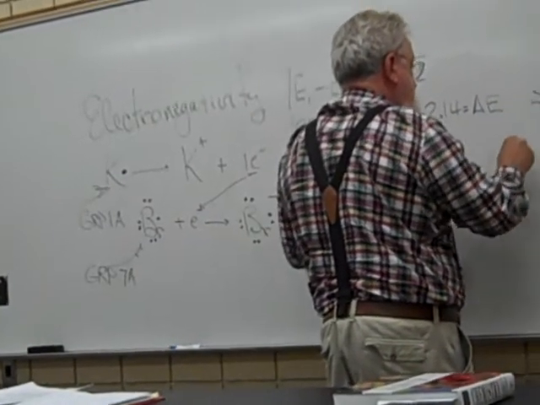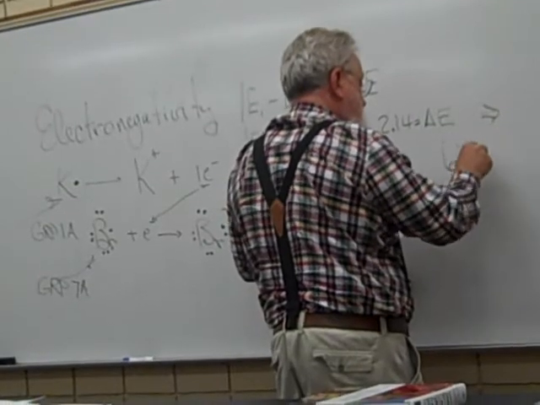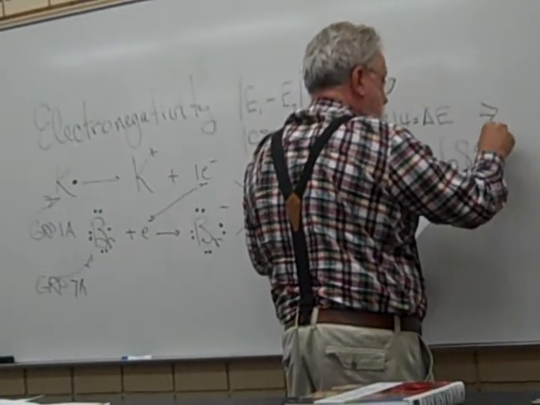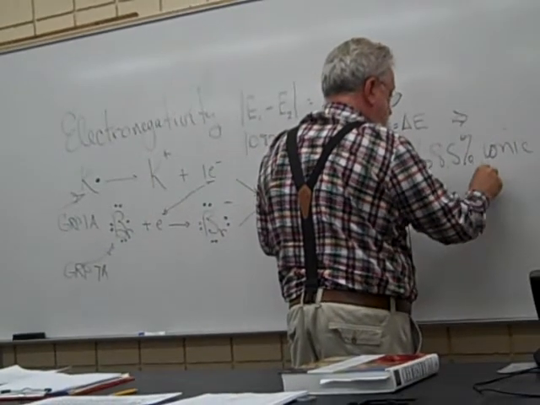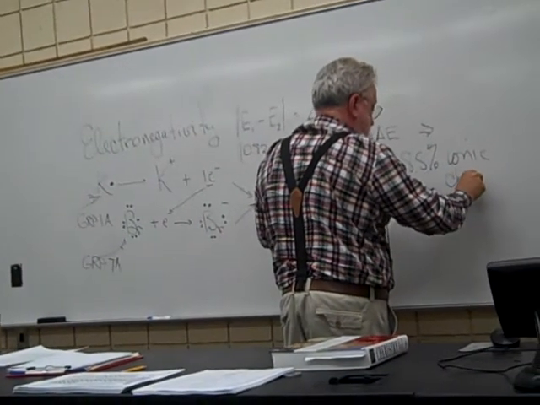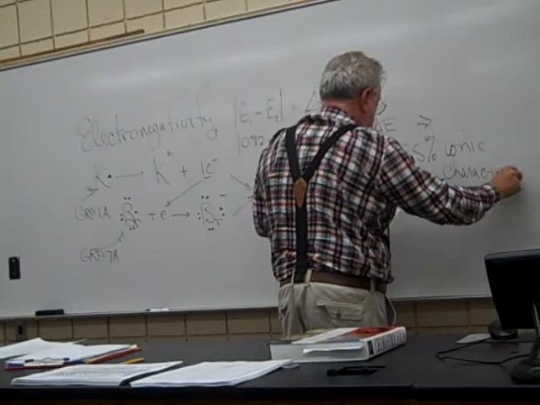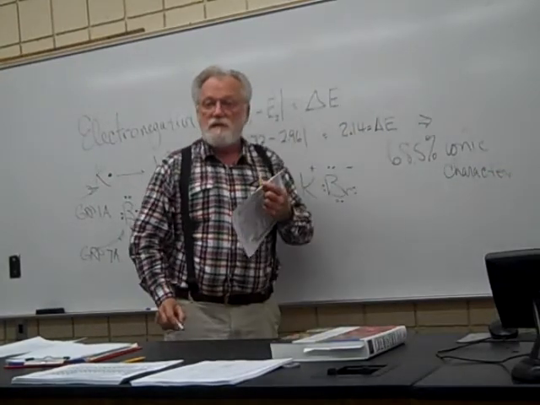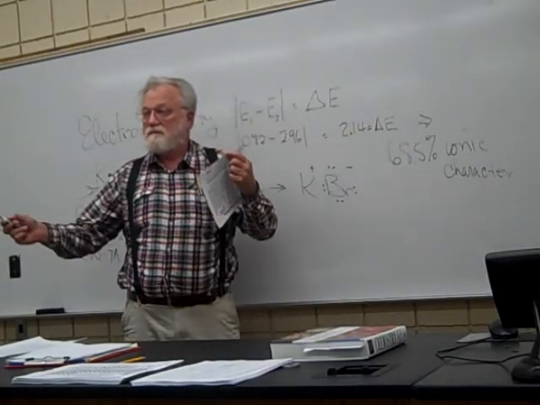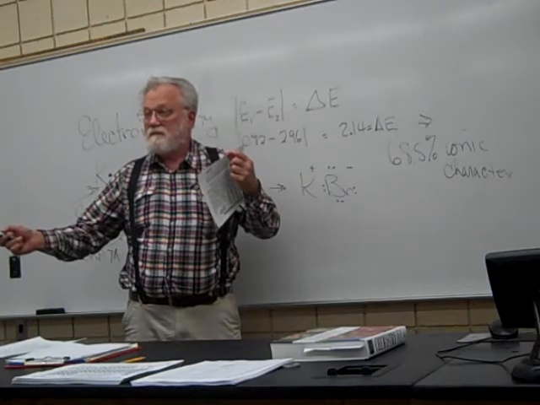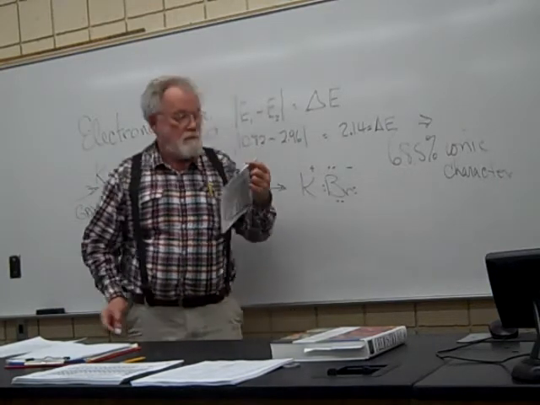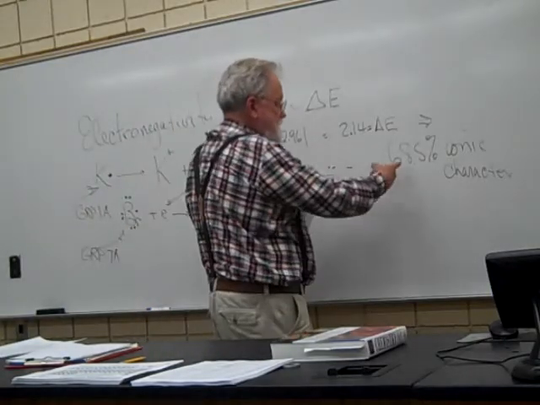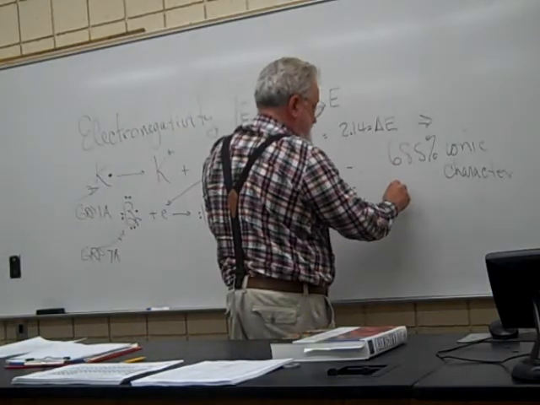So this implies 68.5% ionic character. And what percent is it covalent? Anyone? Just tell me what the math is. What's left over here?